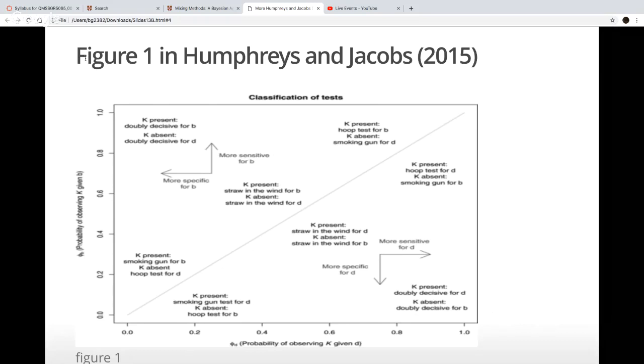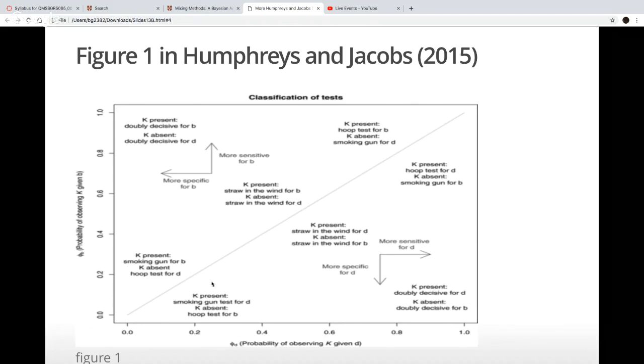So along the reference line here, which might be a little bit difficult to see, the probability of observing the clue, given that the country is of type D, is the same as the probability of observing the clue, given that the country is of type B. In that situation, irrespective of what the data on the clues are, they don't help you, because the function of having clue data is to get better estimates of the probability that a country is of a particular type.